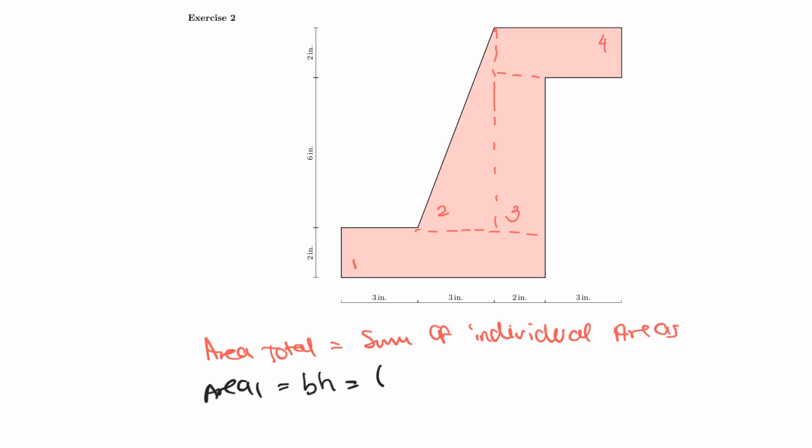So the base will be 3 plus 3 plus 2 times the height. The height will be perpendicular to the base. In this case, will be 2 if we see this projection, times 2, and this is equal to 16. And what is the units? Inches square.